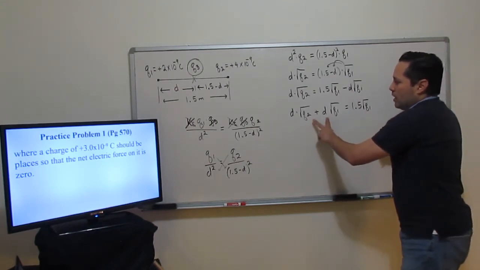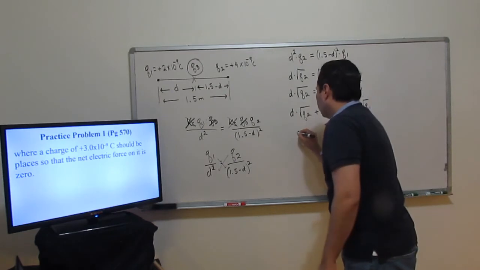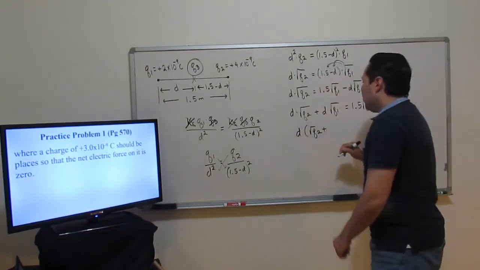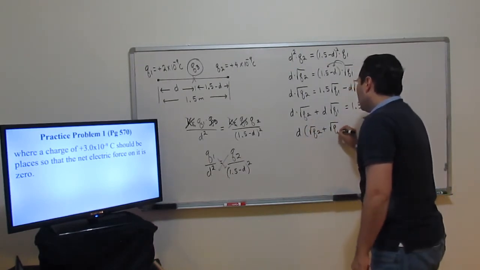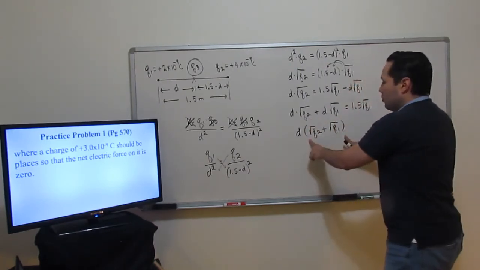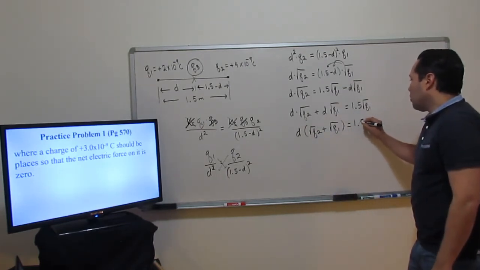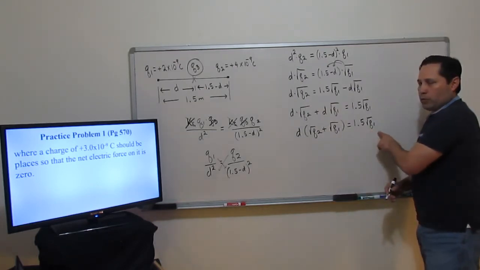Now we're going to go ahead and get the D's and pull them out, giving us square root of Q2 plus square root of Q1 in parentheses times D. So we factor that out. Equals 1.5 multiplied times the square root of Q1.